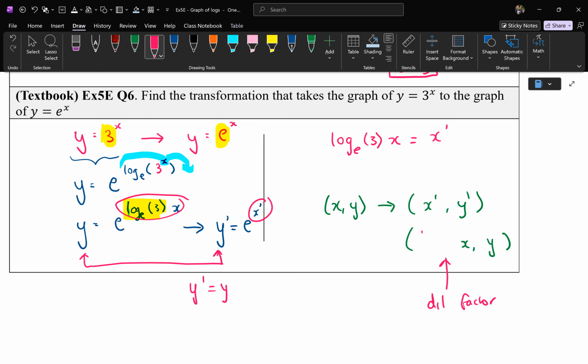All I've done is now wrote log e of 3. We just don't know what that number is. So it's dilation of factor log e 3 from the y-axis. So it just means I had to do a compression of this graph to make it e to the x. Okay, so that example there is a bit tricky.